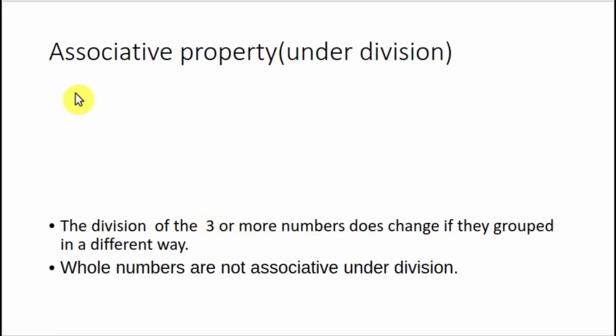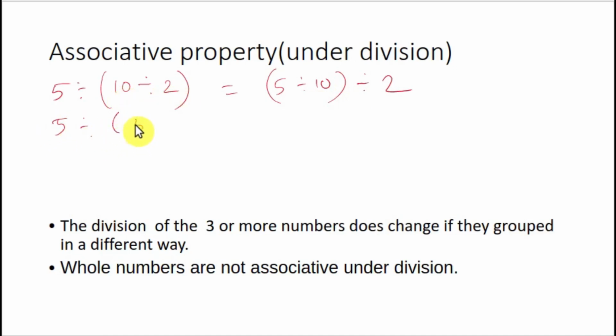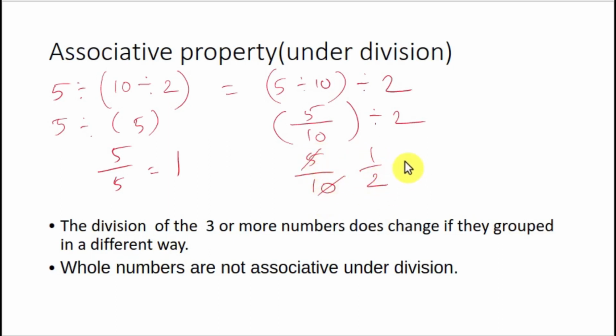Coming to the division. So for example, 5 divided by 10 divided by 2. First we group 5 divided by 10, divided by 2. So 5 divided by 10 is 1 by 2.